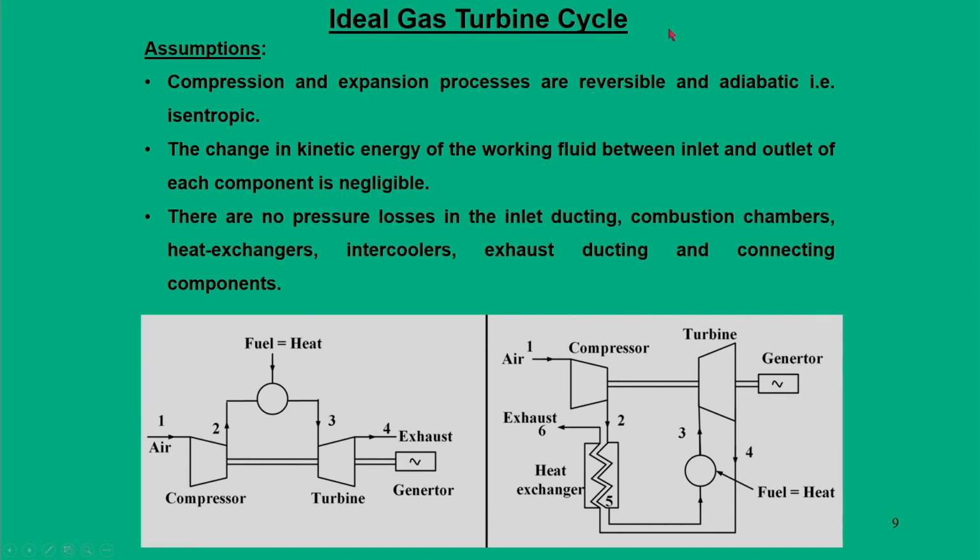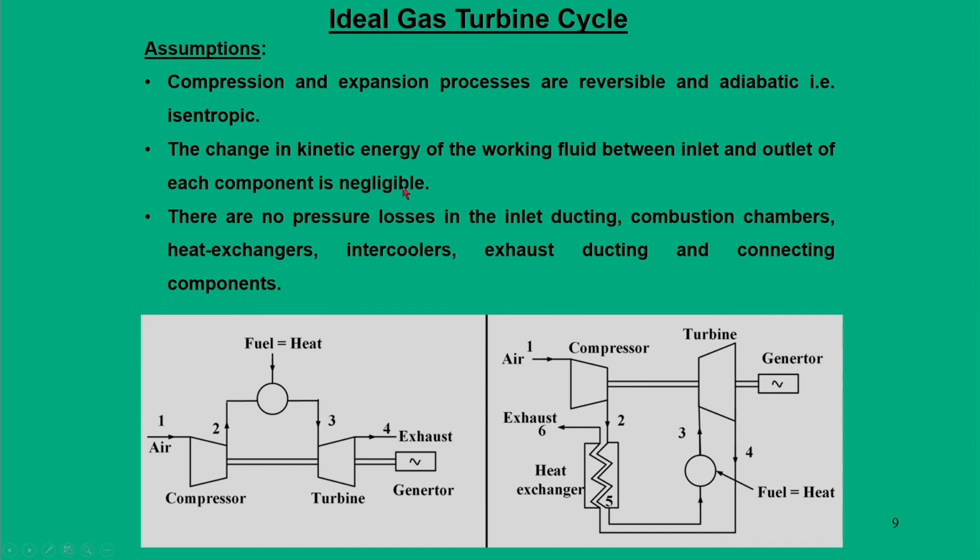Now, when you deal with the ideal gas turbine cycle, assumptions are made, and some of the important assumptions are: compression and expansion processes are reversible adiabatic, or they are considered as isentropic. Changes in the kinetic energy of the working fluid between inlet and outlet are negligible.